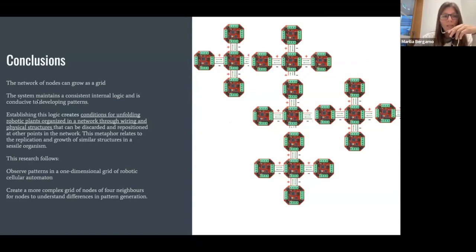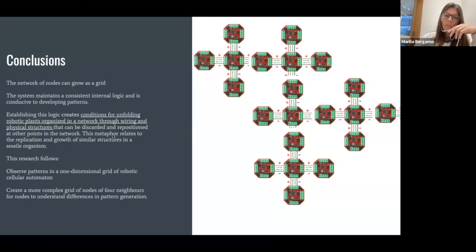And the other thing is that the system maintains consistency, so the internal logic is conducive to developing plants. The idea was that we could establish a logic and create conditions for unfolding robotic plants organized in a network through wiring and physical structures that can be discarded and repositioned at other points of the network.